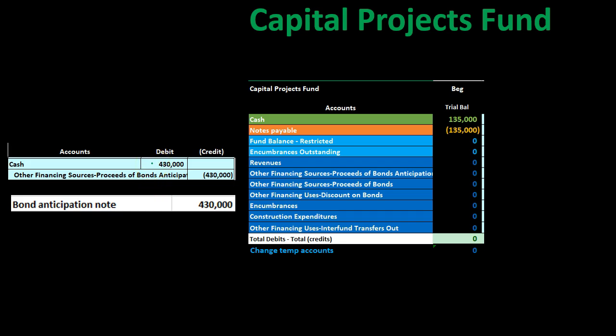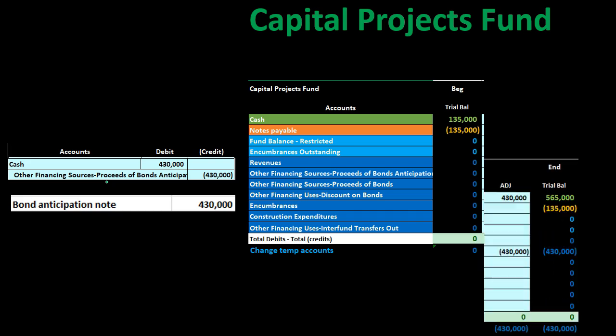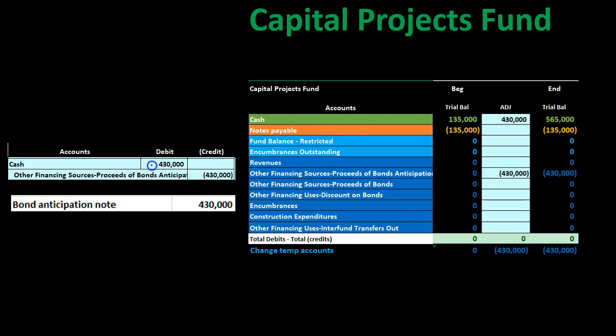This time, however, we're not going to credit the liability as we did last time on the note payable, because the note payable was current. This is an anticipation note for further financing and not for revenue in the future. We're going to credit other financing sources, kind of like an income statement account, a flow type of activity. Cash is being debited, an increase in cash.